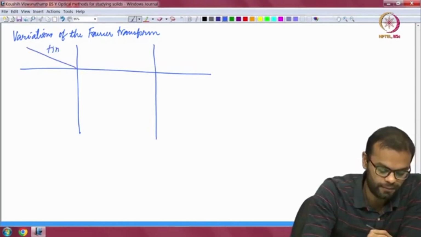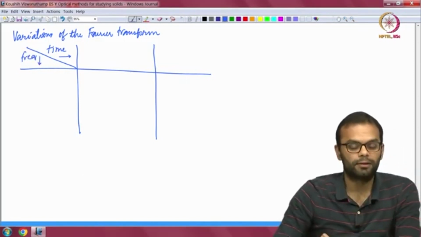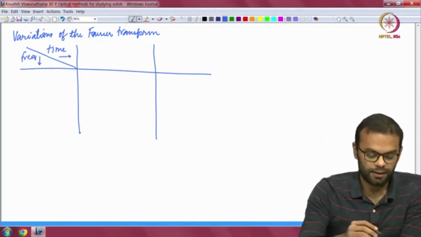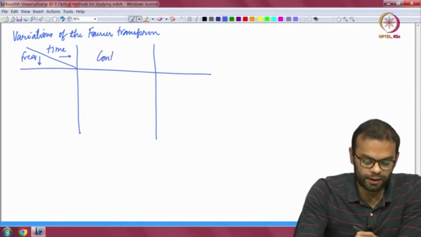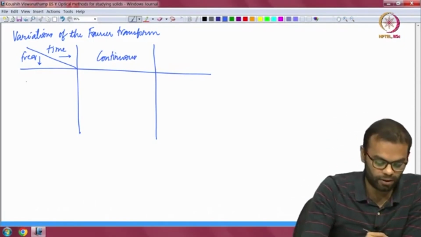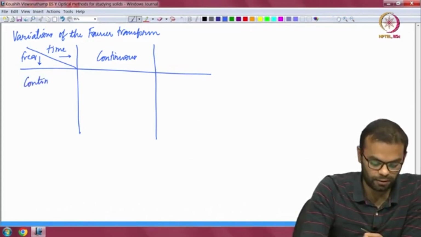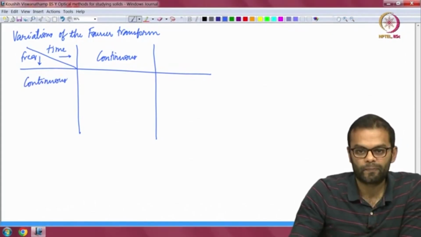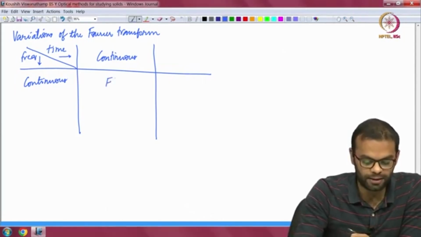We will have time and we have frequency going down. Okay. So, when time is a continuous variable and the frequency also is a continuous variable, you get the Fourier transform that we just discussed.